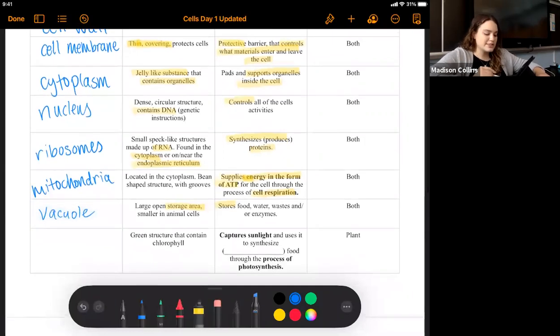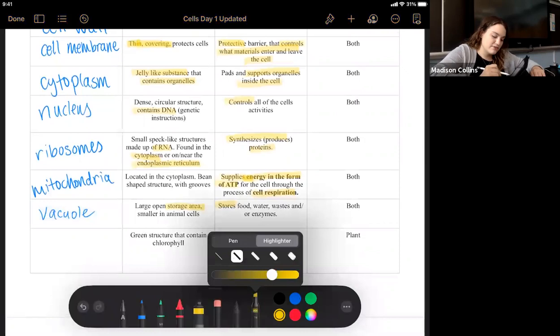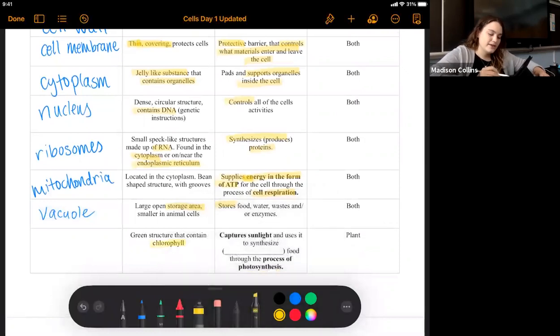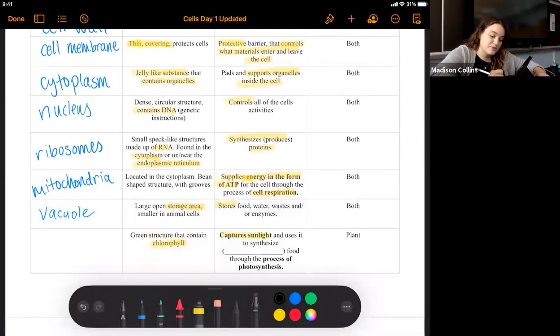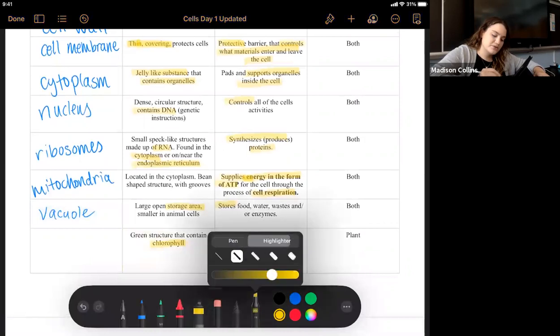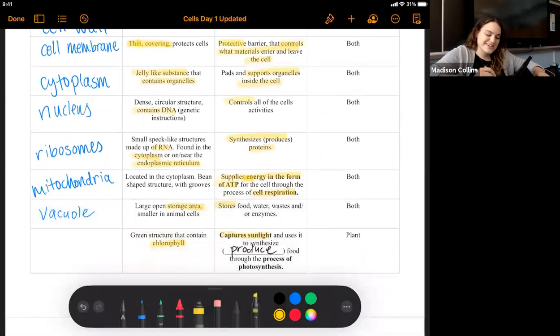All right, and finally, last but not least, we've got a green structure that contains chlorophyll. Its job is to capture sunlight and use it to synthesize, or what's another word for synthesize? You should write down produce. Okay, so it synthesizes or produces food through the process of photosynthesis.